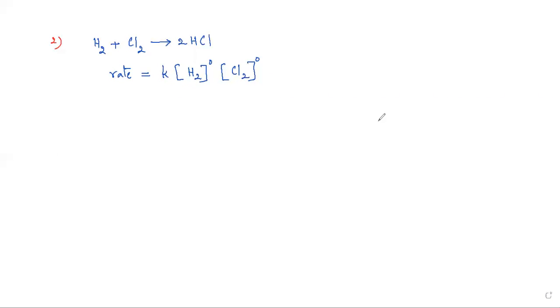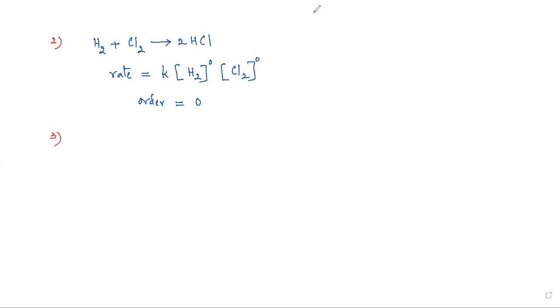These powers are obtained not just from the stoichiometric equation; rather, they are obtained from experimental facts, experimental data. Let me also give you one more example. In this case, of course, the order of reaction is zero, a zeroth order reaction.